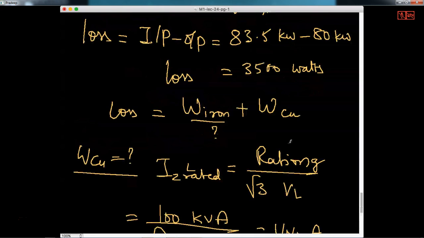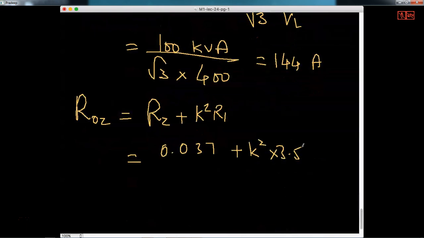So in order to solve this, we need to know K. K is V2 per phase divided by V1 per phase. V2 is 400 volts.